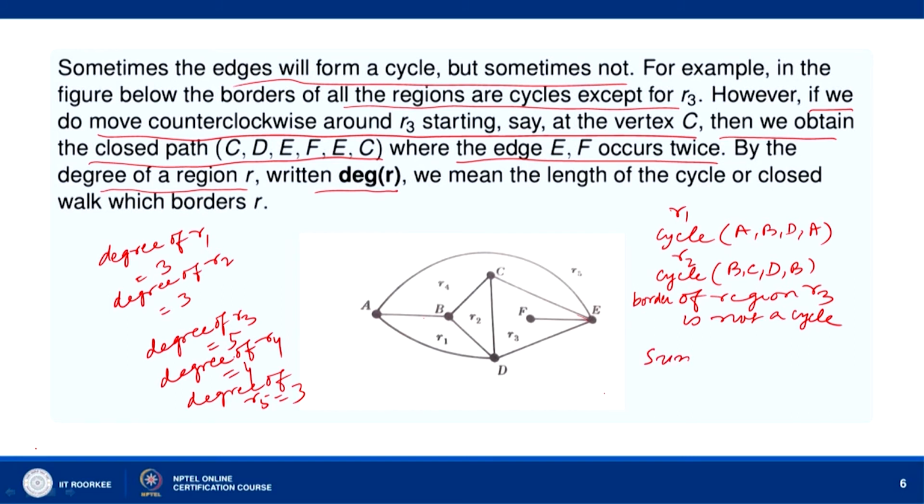Sum of degrees of R1, R2, R3, R4, R5 is equal to 3 plus 3 is 6, 6 plus 5 is 11, 11 plus 4 is 15, 15 plus 3 is 18. And the number of edges here is 9. So, it is twice the number of edges of the graph.